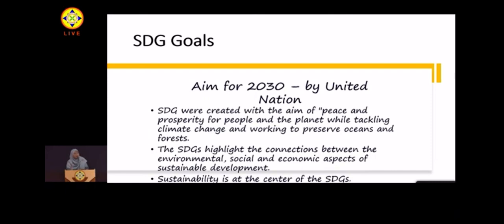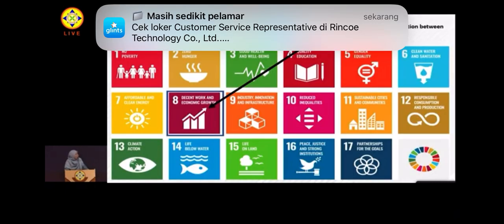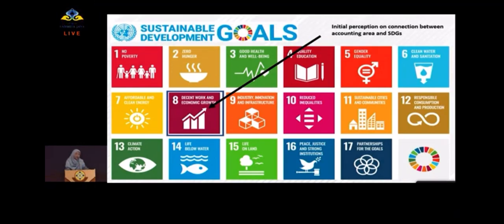Okay, so if you look into the next slide, we have 17 goals of SDG. This is my own experience, I don't know about others. When I was first introduced to SDG, I was given the responsibility by my university to handle the THE Impact Ranking.